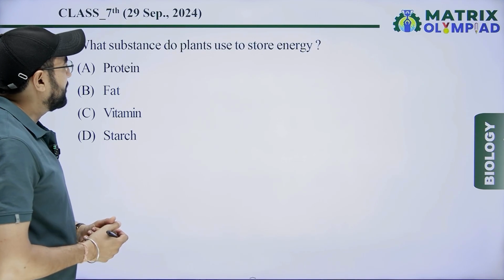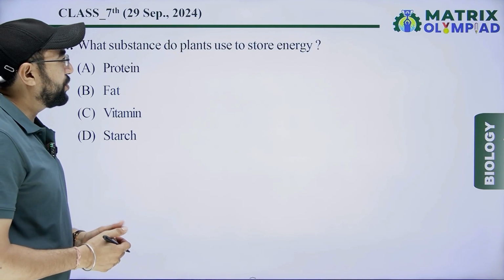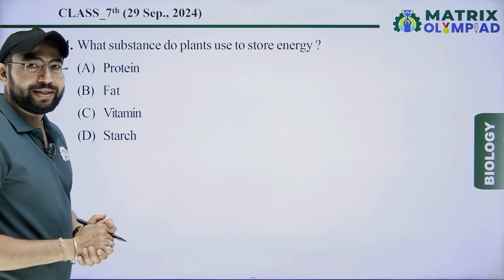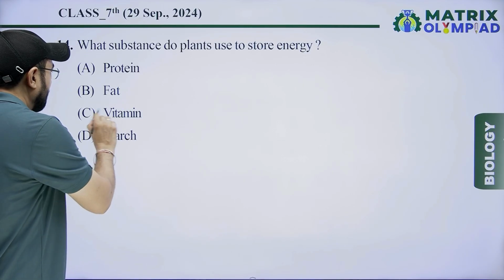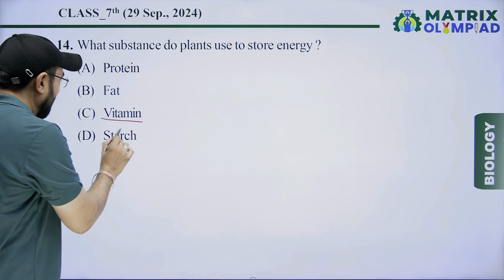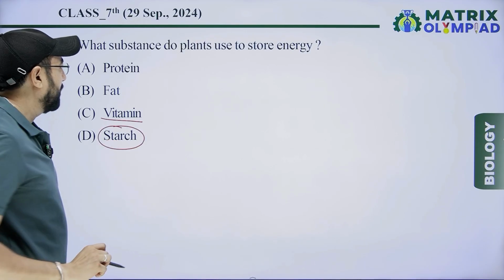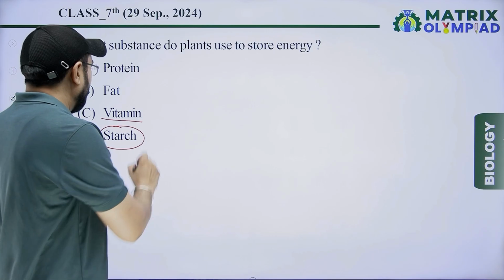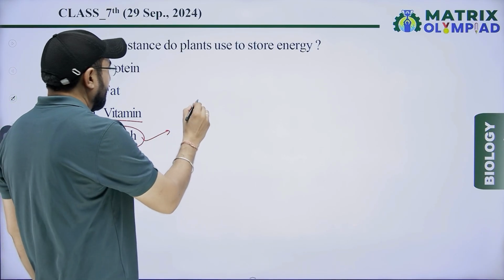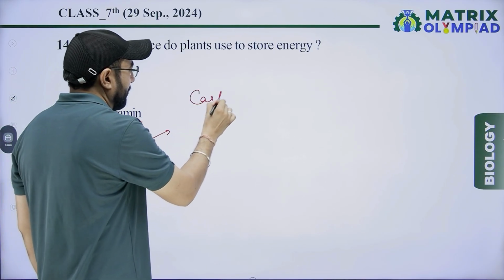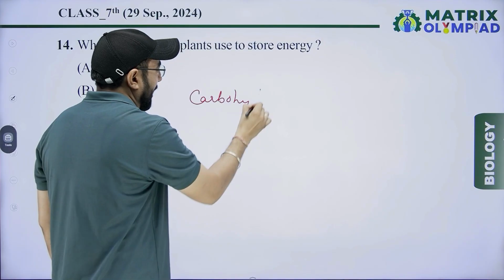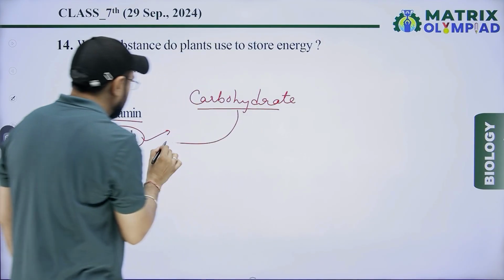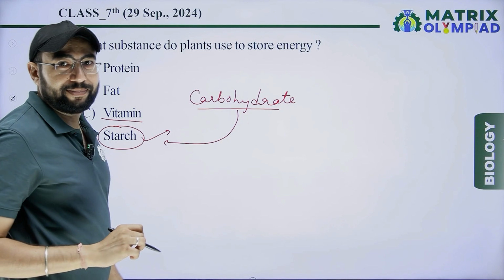What substance do plants use to store energy? First, protein. Second, fat. Third, vitamin. And the last one is starch. According to the question, our right answer is starch, because starch is a carbohydrate, and carbohydrate is stored in the form of starch in plants.